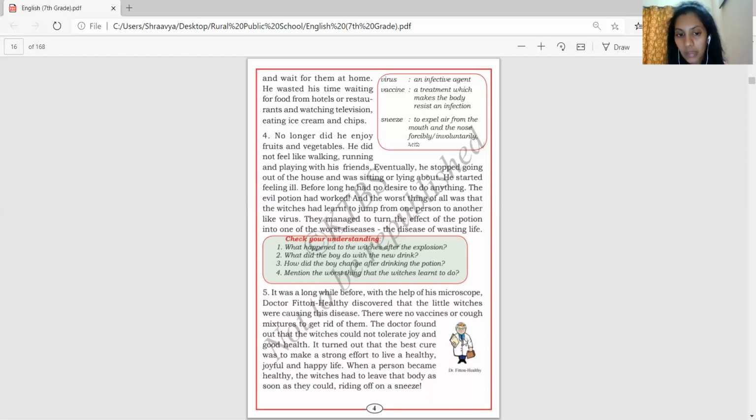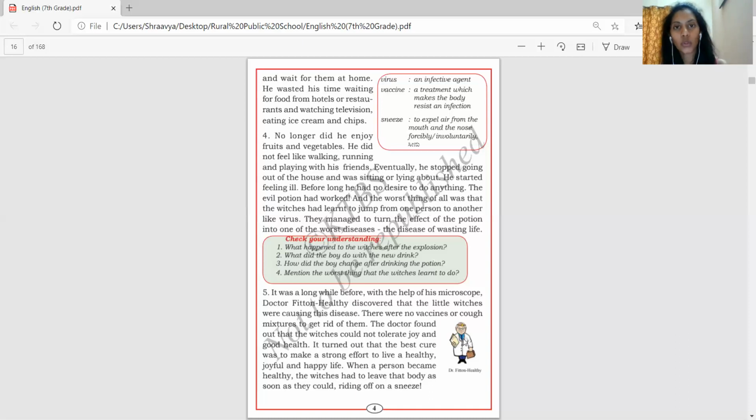It turned out that the best cure was to make a strong effort to live a healthy, joyful, and happy life. So he thought, okay, even if people have gotten this virus, the witches have affected them, the best cure would be to still try to live a healthy, joyful, and happy life. So that will make the disease go away.